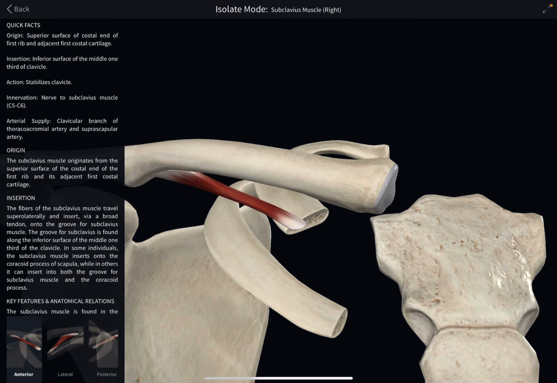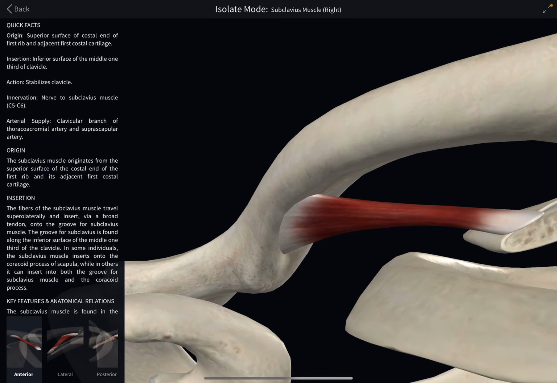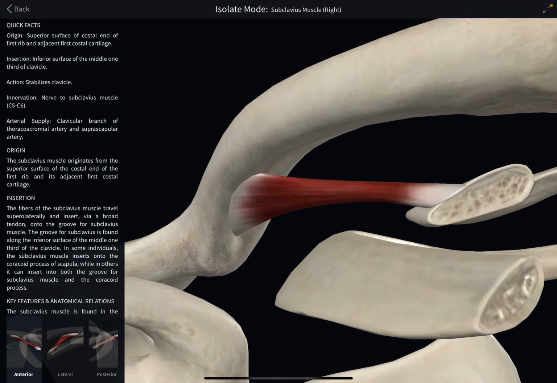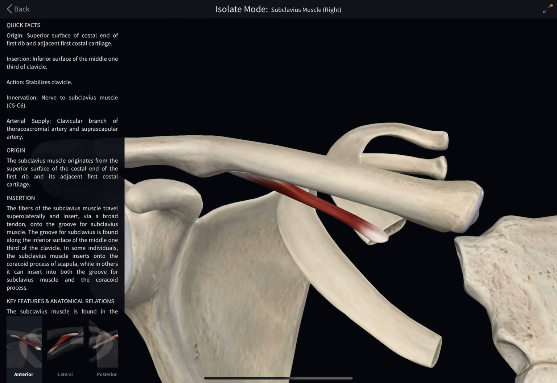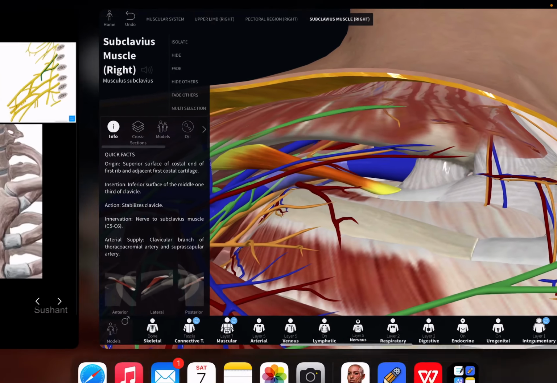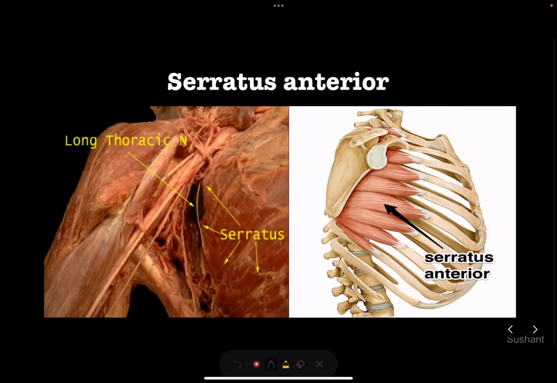And it is inserted to the subclavian groove, which is present on the inferior surface of the middle third of the clavicle. So that's the origin and insertion of the subclavius muscle. It's a very easy, very small muscle.